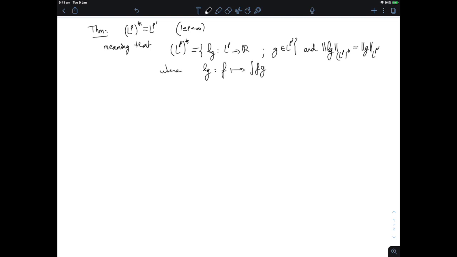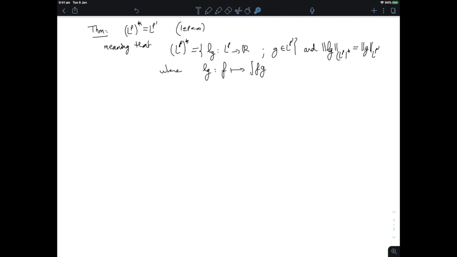So it's an identification between the dual of L^p and L^p', and the identification is by identifying a linear functional with the element of L^p' that it has to come from, because all of the linear functionals will have to be of this form.